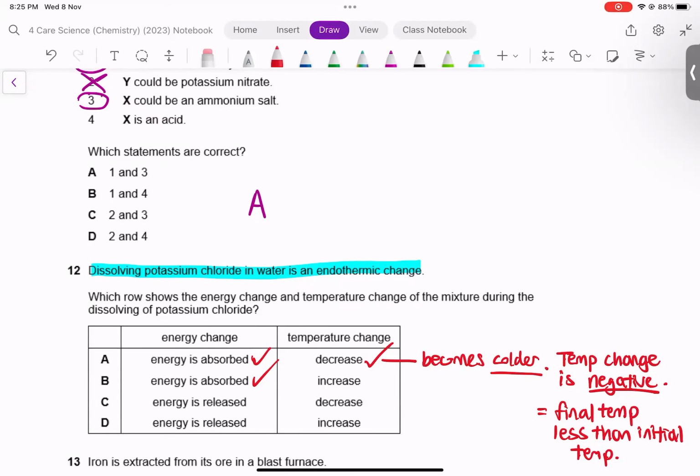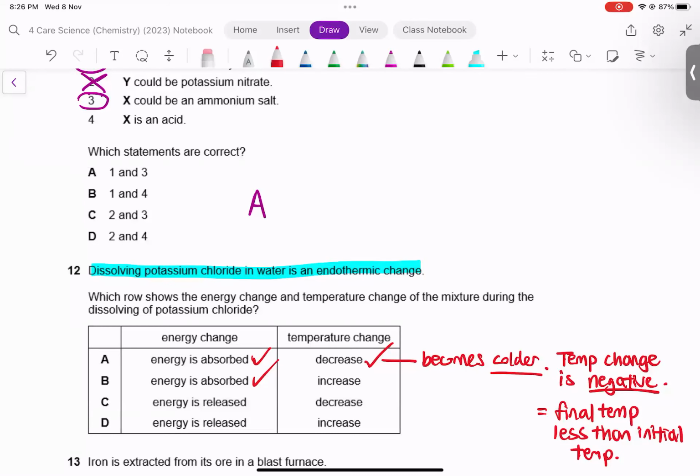So that's why when we take the final minus the initial temperature, it's a negative number. All right, so please know this. Endothermic change means energy is taken in from the surroundings. The temperature decreases, and it becomes colder, and the temperature change is negative because the final temperature is less than the initial temperature.